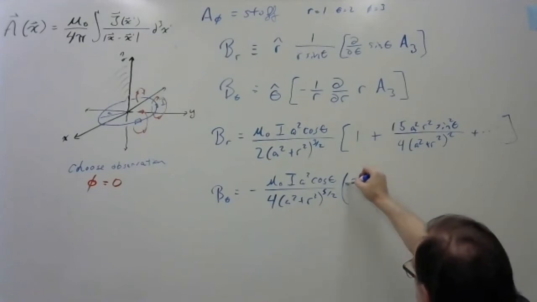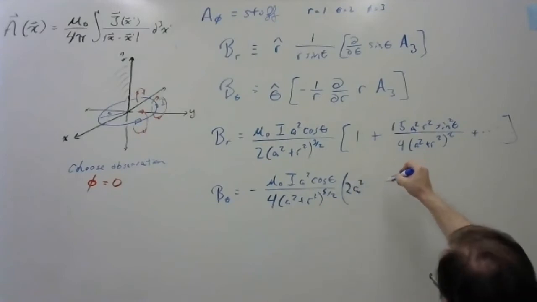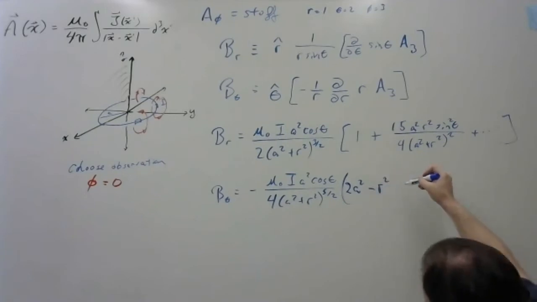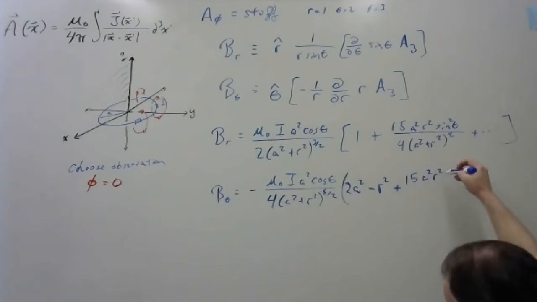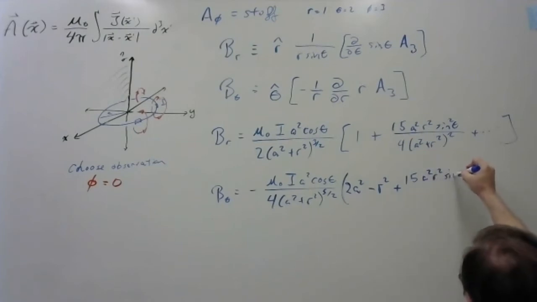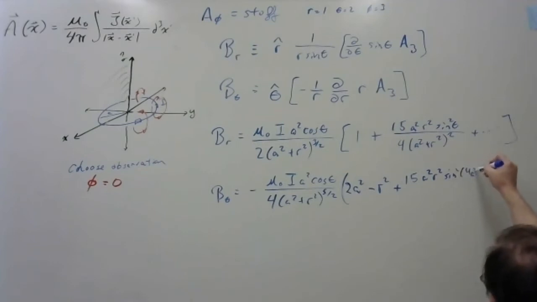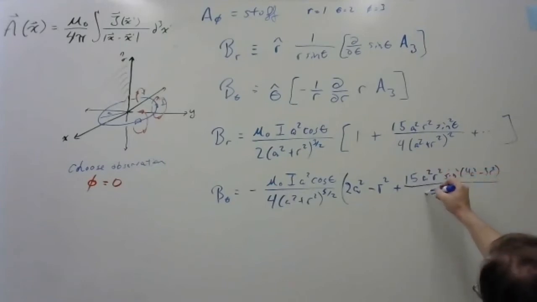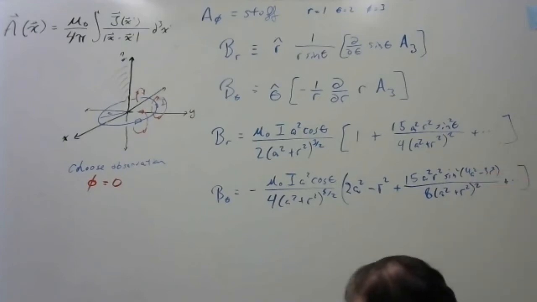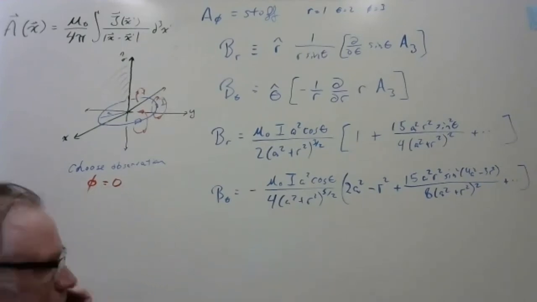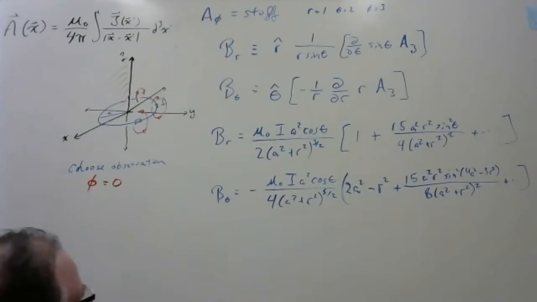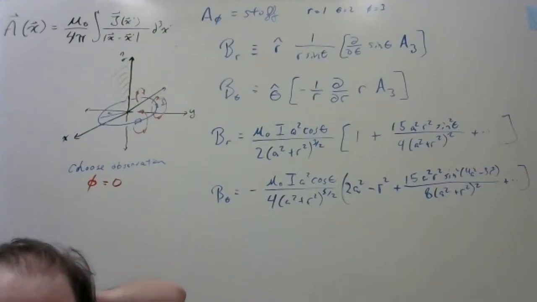So then what you get is 2a squared minus r squared, plus an even bigger mess, 15 a squared r squared sine squared theta, 4a squared minus 3r squared over a squared plus r squared plus blah, blah, blah. And you might think, oh, good grief, right?